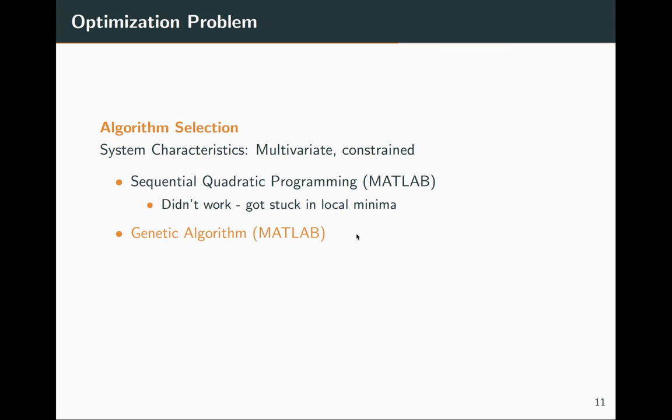It also includes mutations to make sure that the population doesn't funnel down into a local minima. So the mutations allow it to jump out and explore different areas. So the genetic algorithm is a very good way to approach this problem.